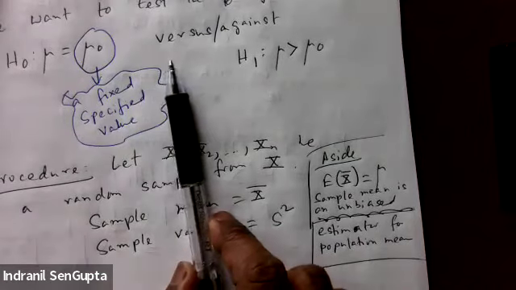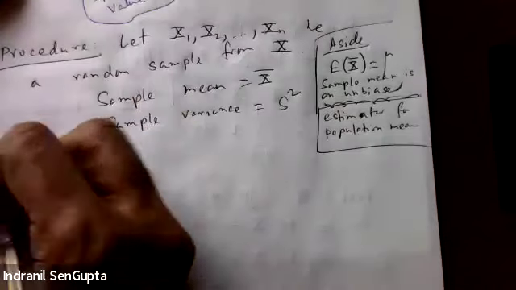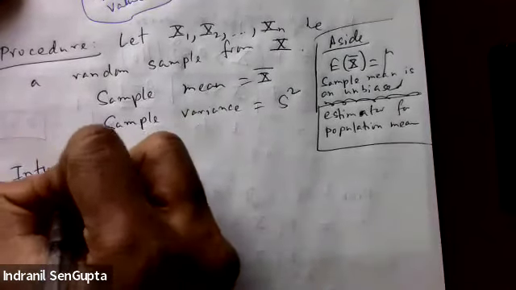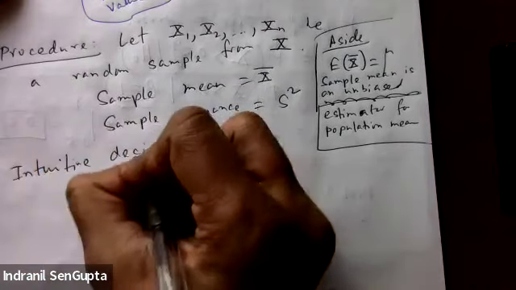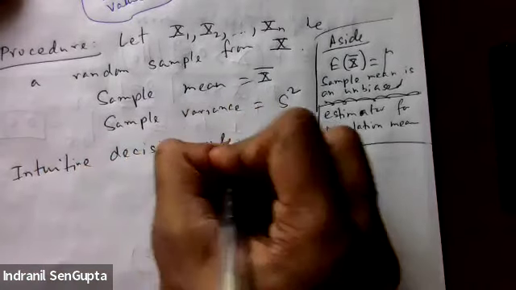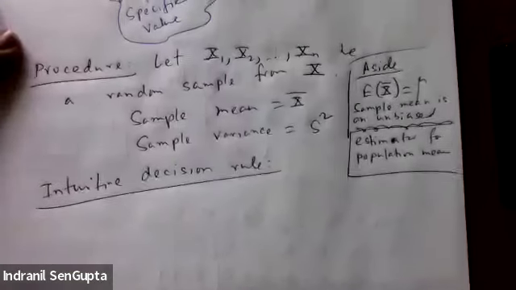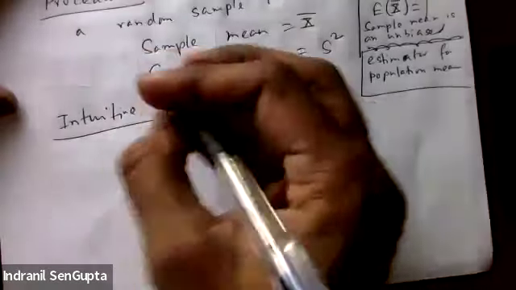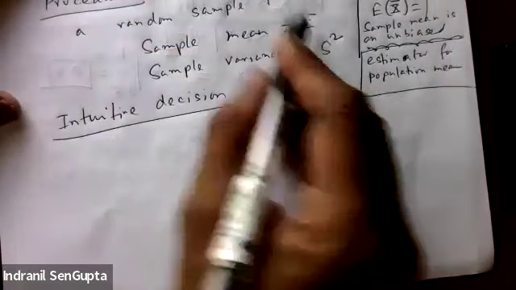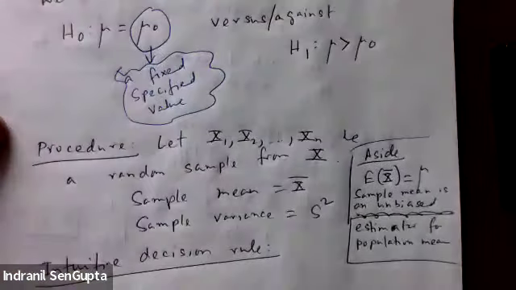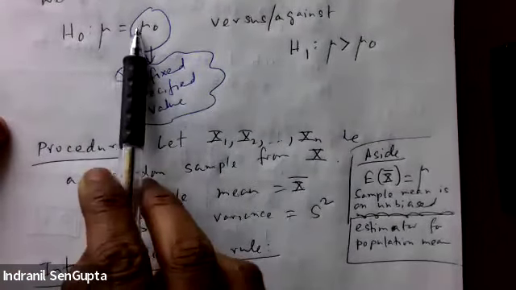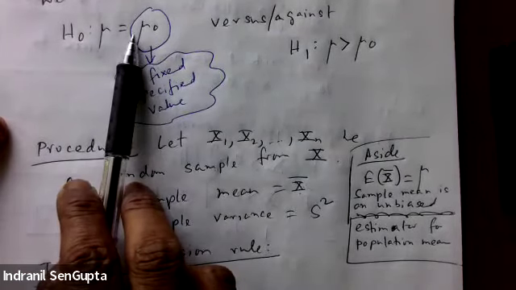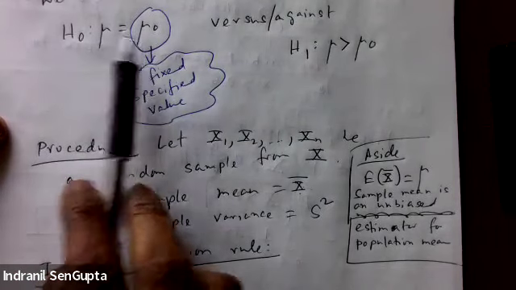An intuitive decision rule can be: if X bar is far away from mu zero, then we reject our hypothesis that mu is mu zero.